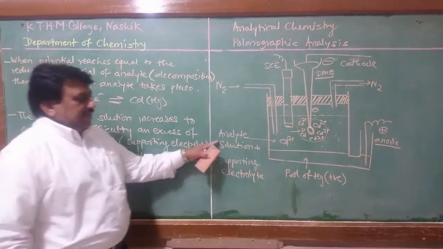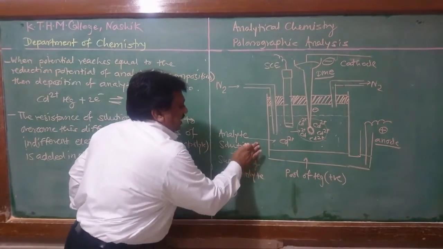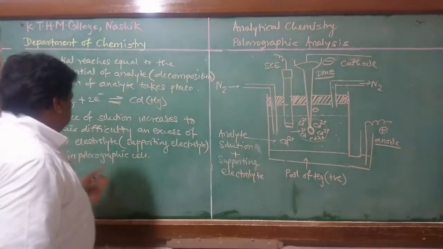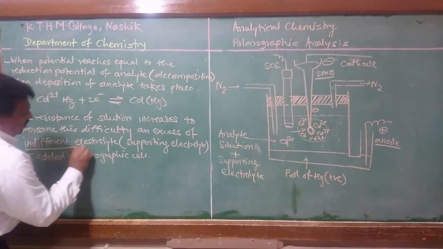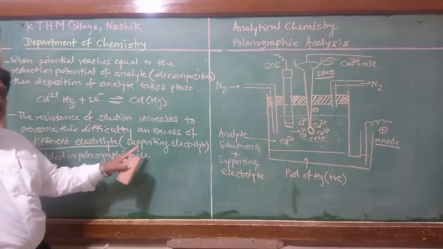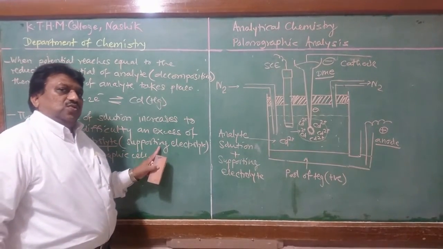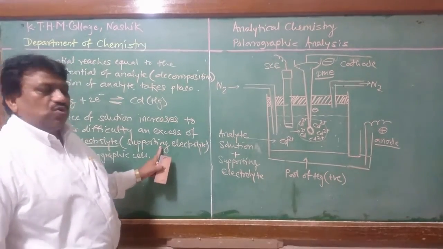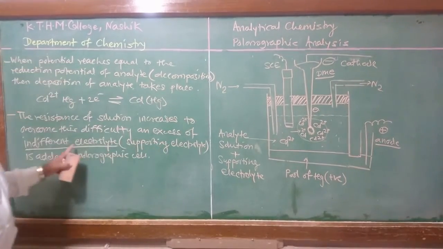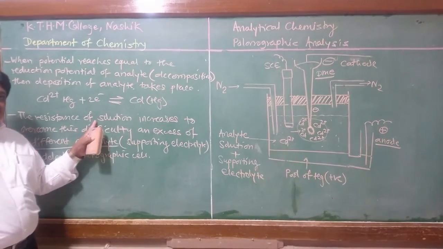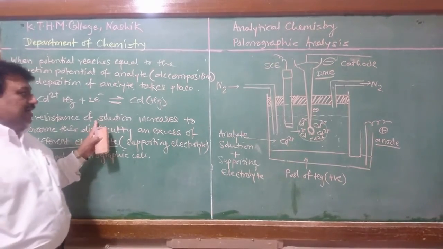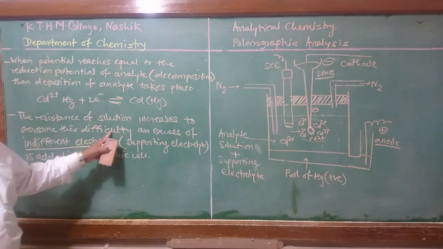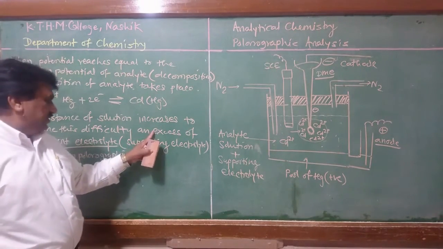Therefore here analyte solution plus supporting electrolyte is taken into the polarographic cell. Indifferent or supporting electrolyte is that electrolyte whose concentration is 10 times more than the concentration of analyte, that is added in a polarographic cell to nullify the resistance of this cell as well as the migration current.